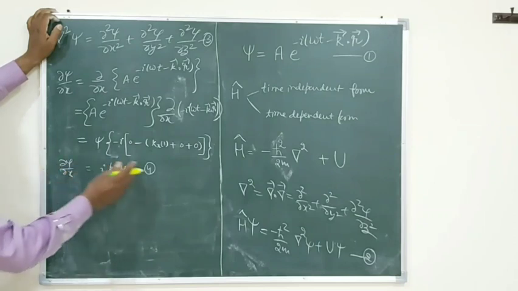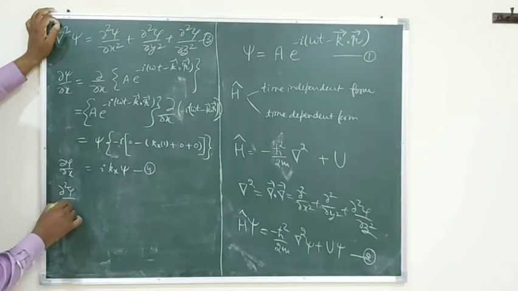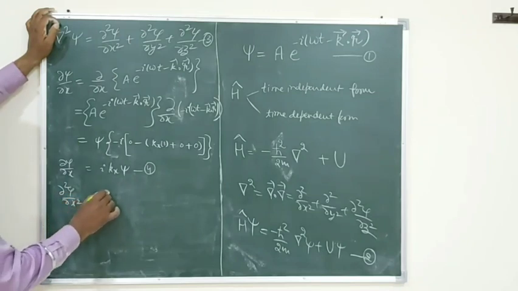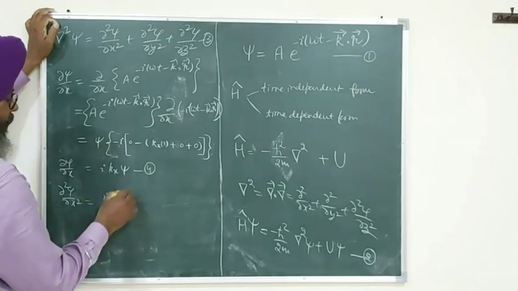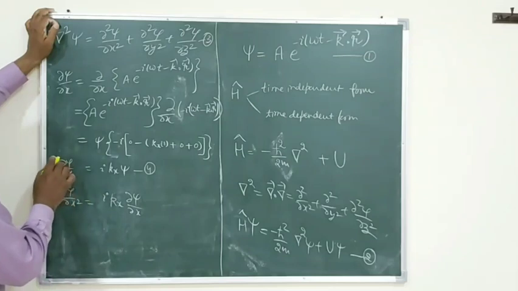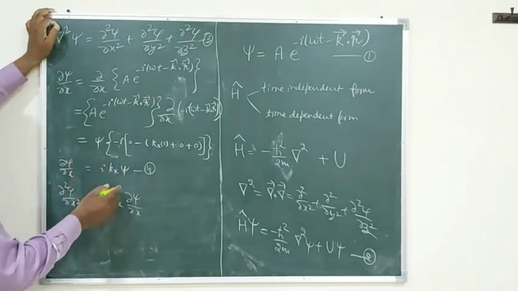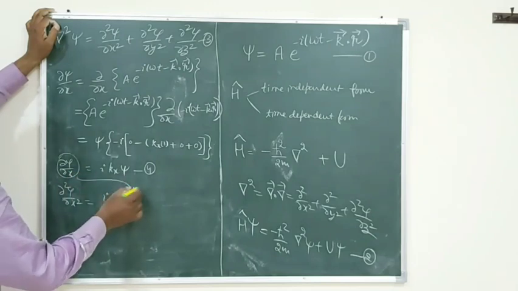Now I will differentiate equation 4 again with respect to x. So ∂²ψ/∂x², it will be iota kx being constant will come out of the differentiation. It will again become ∂ψ/∂x. Now this ∂ψ/∂x we have already solved in 4. So put this value of ∂ψ/∂x here from 4.